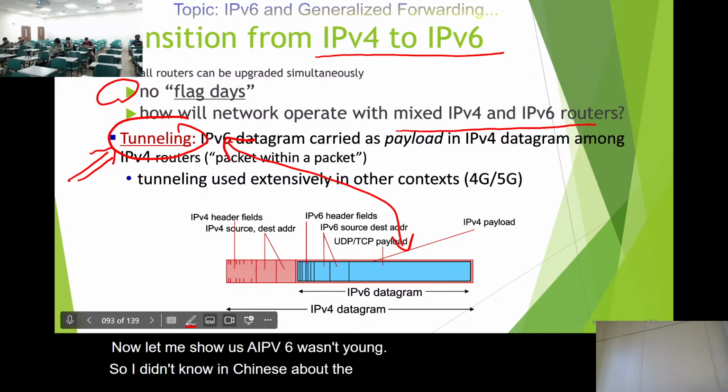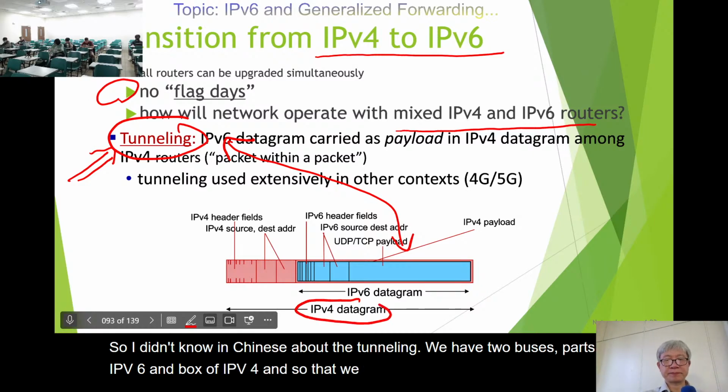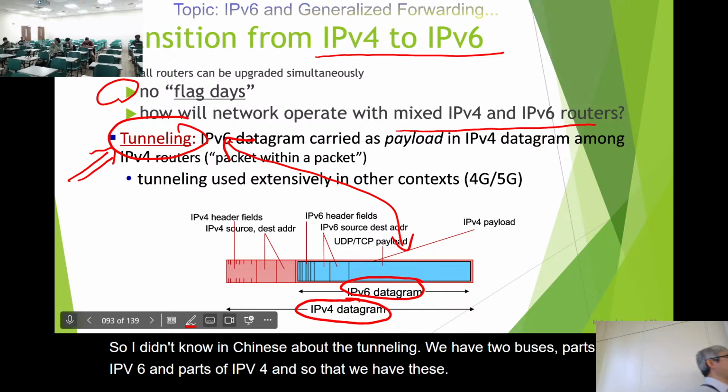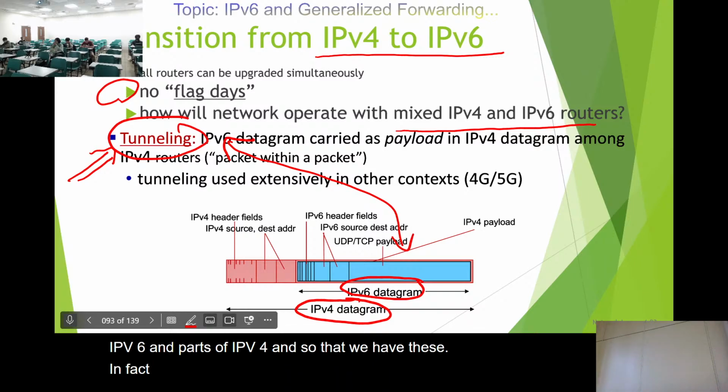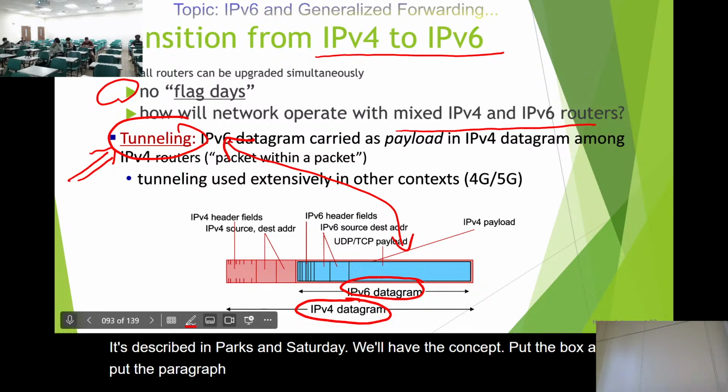We have two boxes, the box of IPv6 and the box of IPv4. And so that we have this. In fact, a datagram is described as a box. And so you will have the concept: put the datagram of IPv6 into the box of the datagram of IPv4.